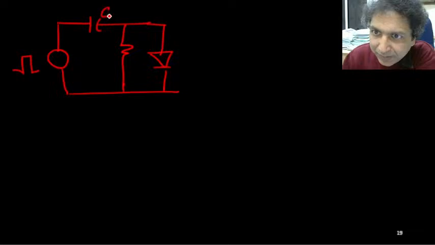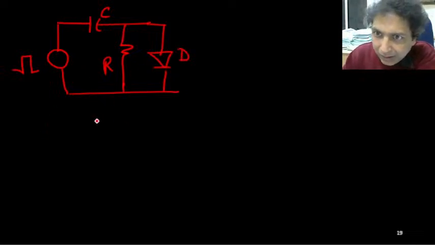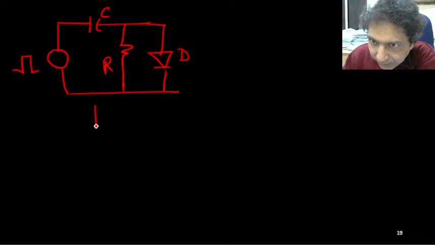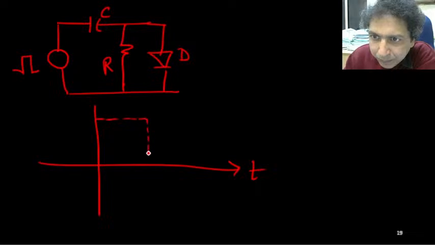This is a capacitor C, this is one R, and this is a diode D. Now you consider this thing carefully. This is the time T, this is the on time, and this is the off time.